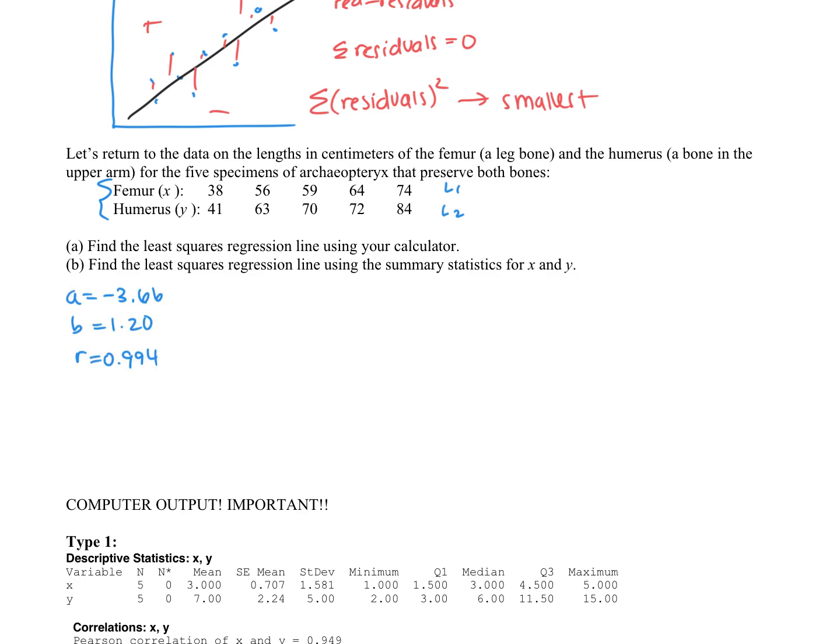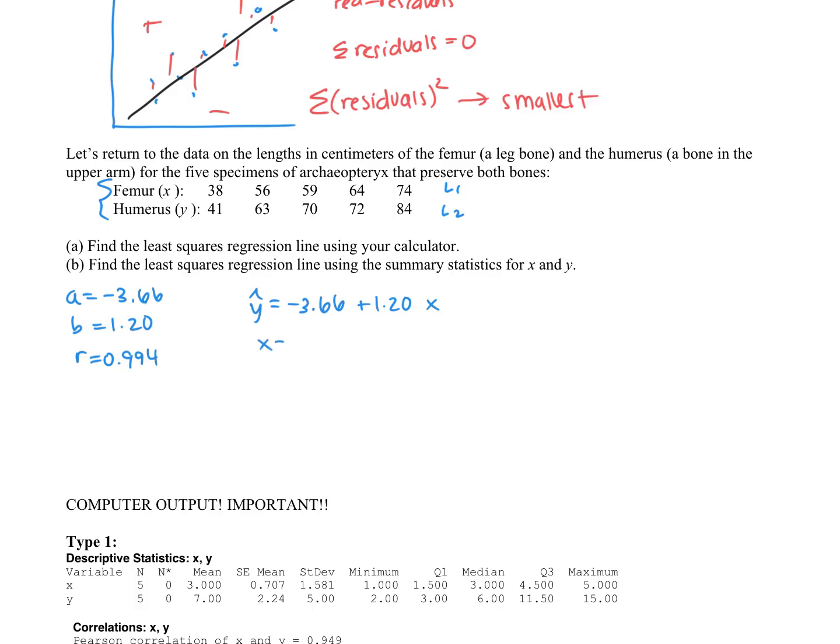These are the values of A and B that I got. Do you all agree? Okay. So that is the way you find the line of best fit on your calculator. If you were going to write this out then, you would write out y hat is equal to negative 3.66, add 1.20x.